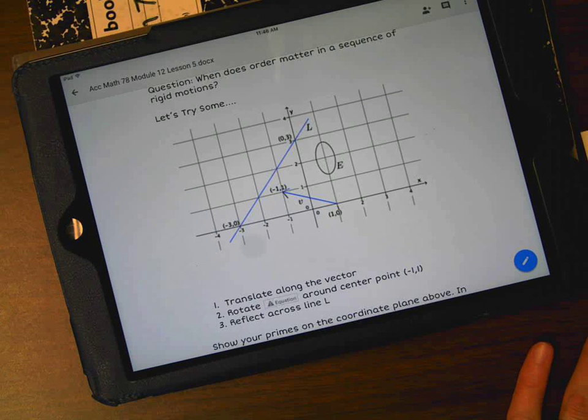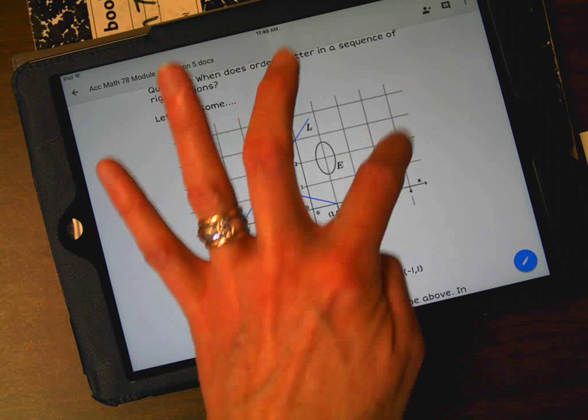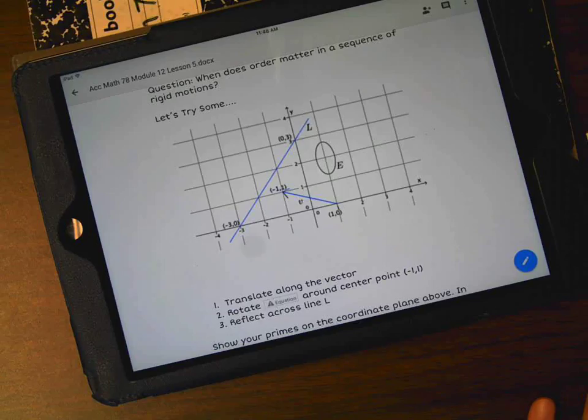So we have coordinate plane 1, 2, 3, 4, 5. It's not going to be drawn to scale. Please don't get upset about that. Okay, so I have an oval that is sitting, we're going to call this 0 right here, and the oval is sitting at a half and 2.